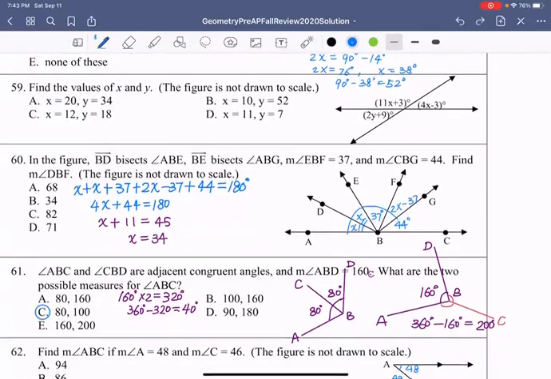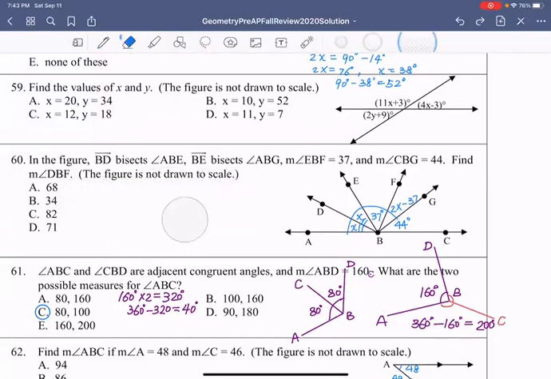Annie, let's do question 60 together. Go ahead, please read. In the figure, BD bisects angle ABE. Hold on. BD bisector. So x, x, correct? Next. BE bisects angle ABG.